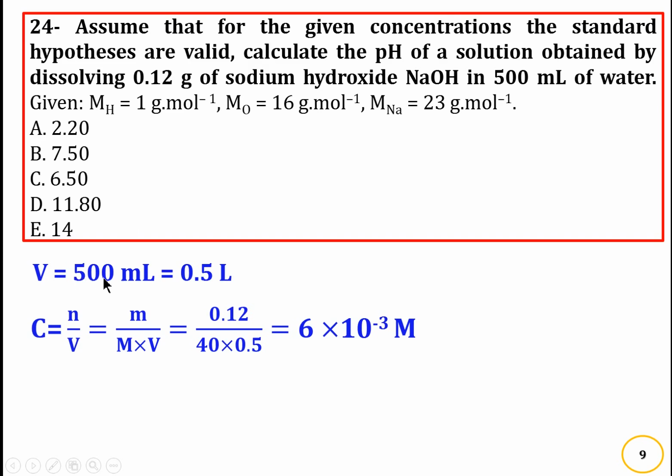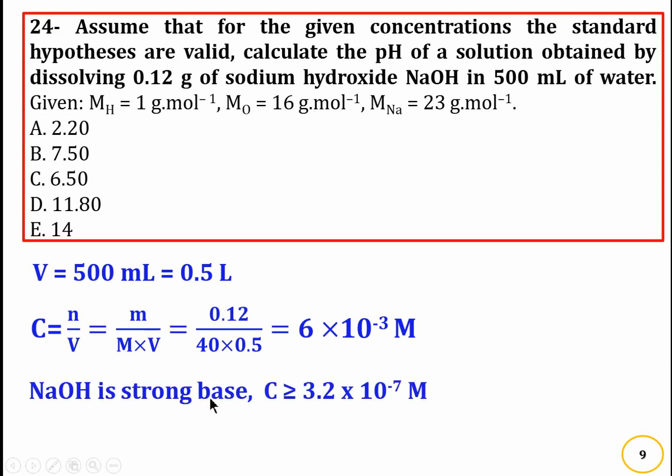So V equals 500 mL, in liters 0.5 liter. So the concentration equals the mass 0.12 divided by the molar mass of sodium hydroxide, 40 grams per mole, times the volume of the solution 0.5. So the concentration of the sodium hydroxide solution is 6 × 10^-3 molar.